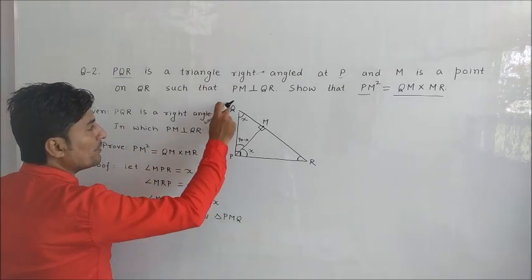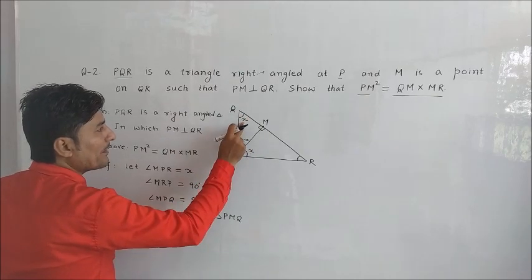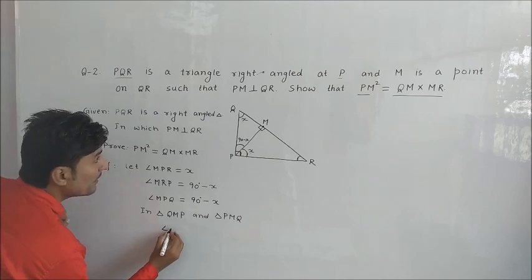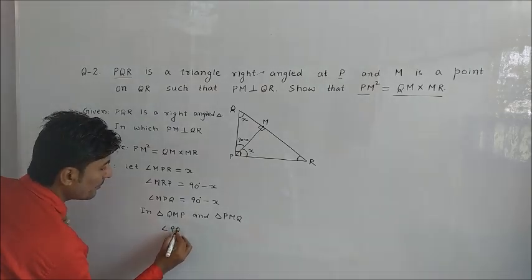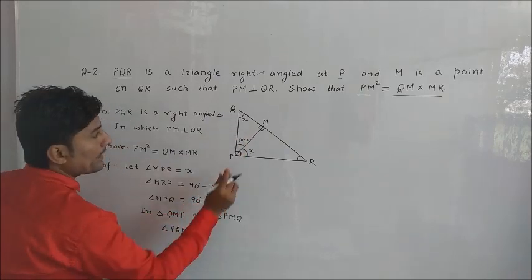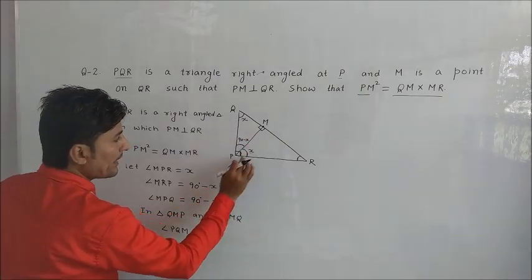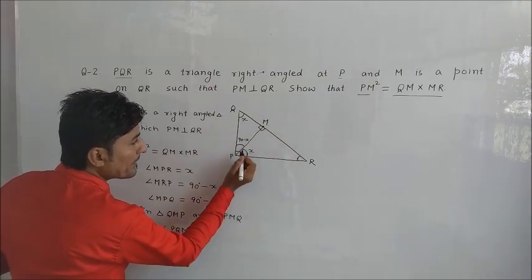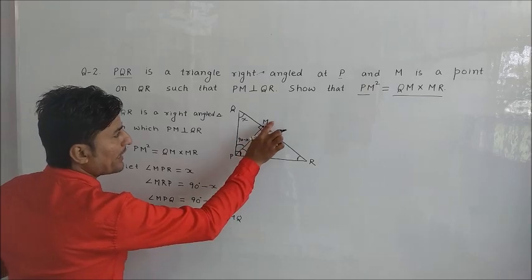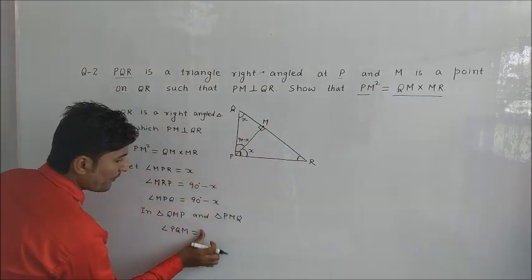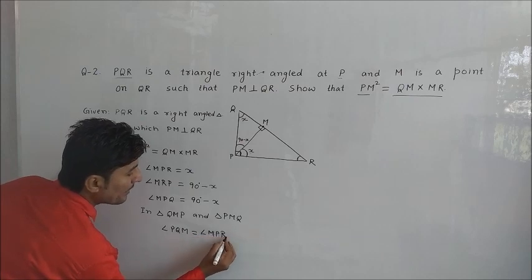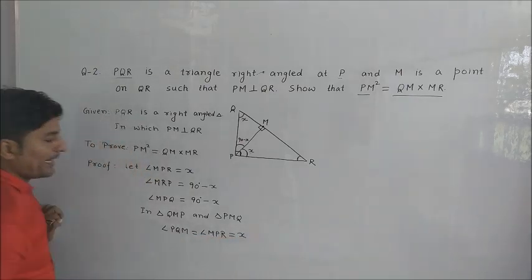In triangle QMP, angle PQM is equals to x degree, and in triangle PMR, measurement of this angle is also equals to x degree. Hence the measurement of angle MPR. So instead of writing x here we can write angle MPR, and both are equals to x.